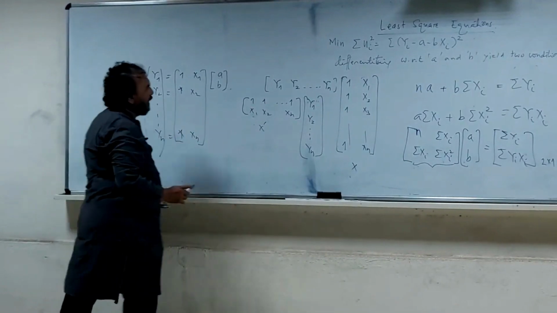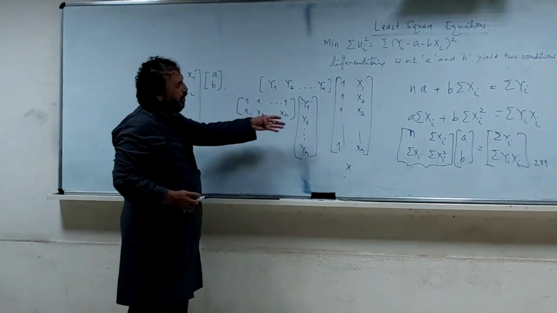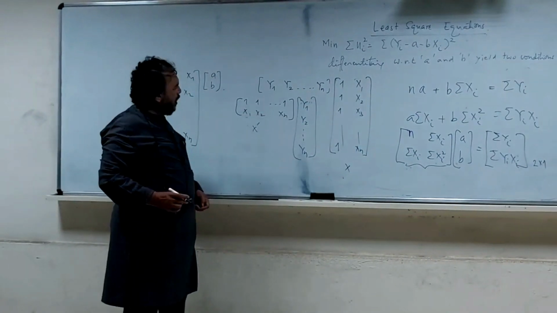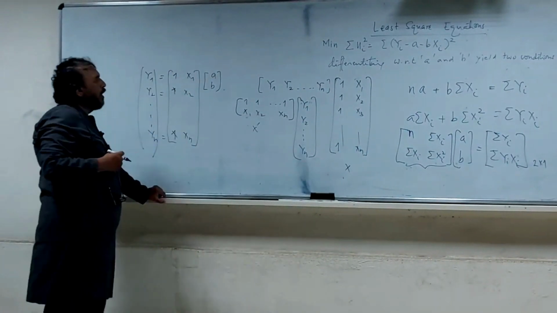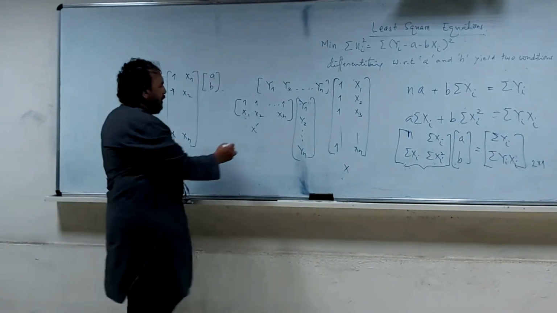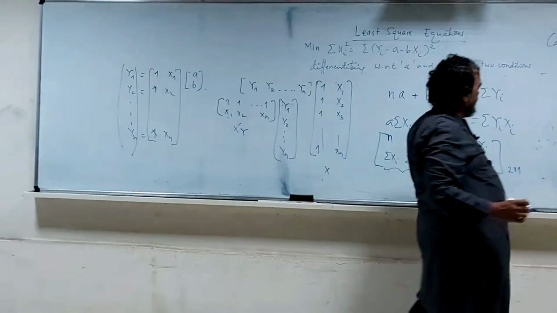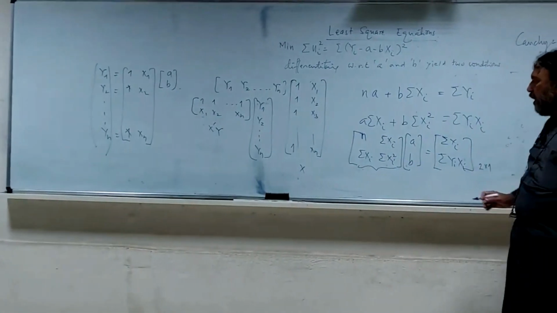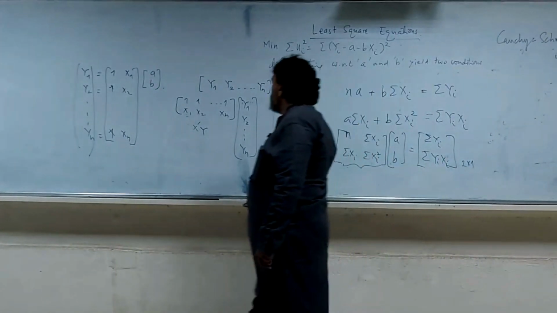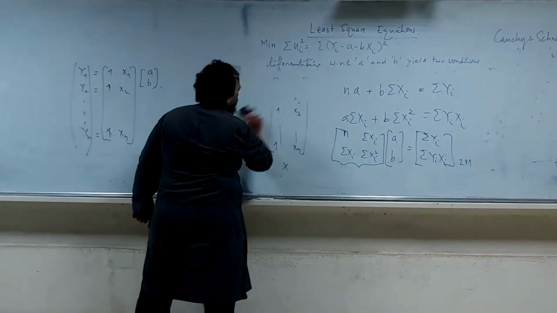Therefore, if I am going to write it in this manner, then I have to write this as a y transpose, or I have to write an x transpose. What is more conveniently followed is I take x transpose y. And what is this matrix of coefficients going to be?